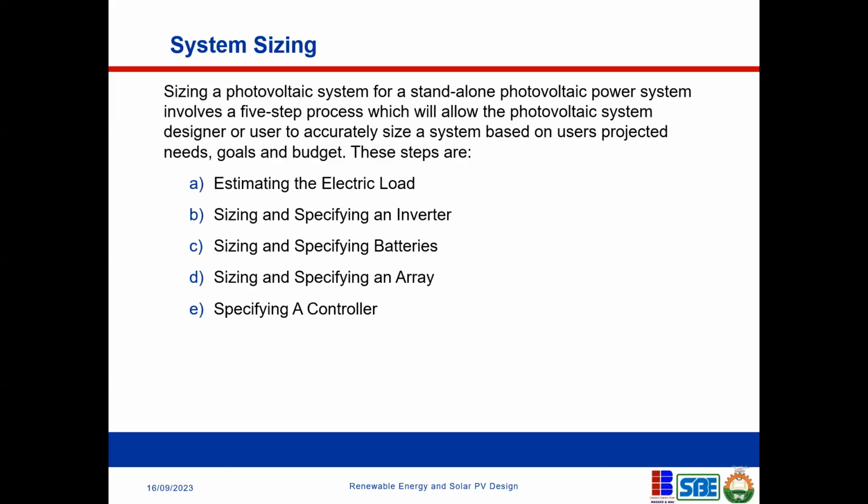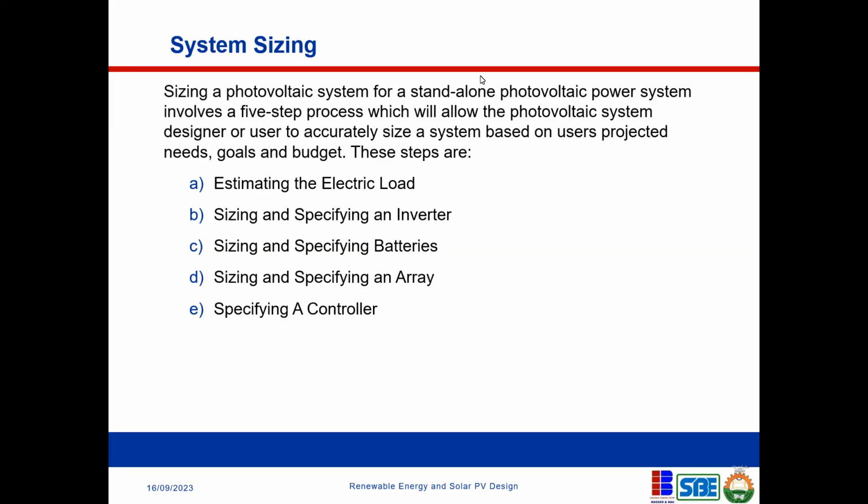Now, these steps are as follows. The first thing is estimating the electric load. PV systems are meant to power electric load. So the first thing you need to do is to determine the required size of the electric load that you want to power.